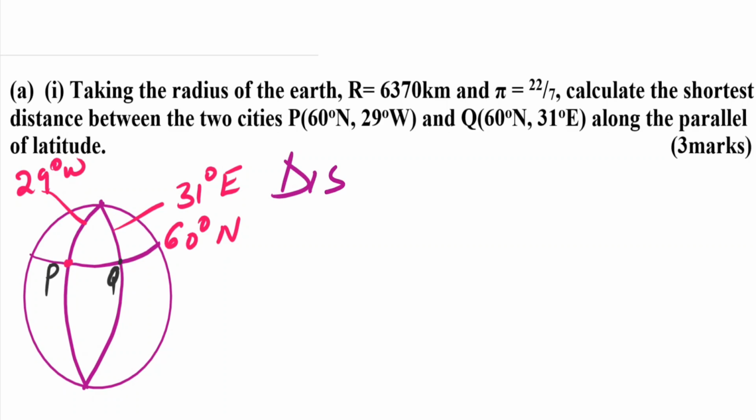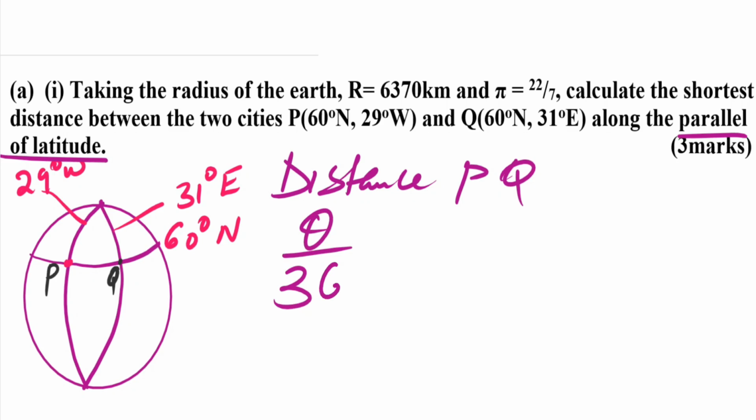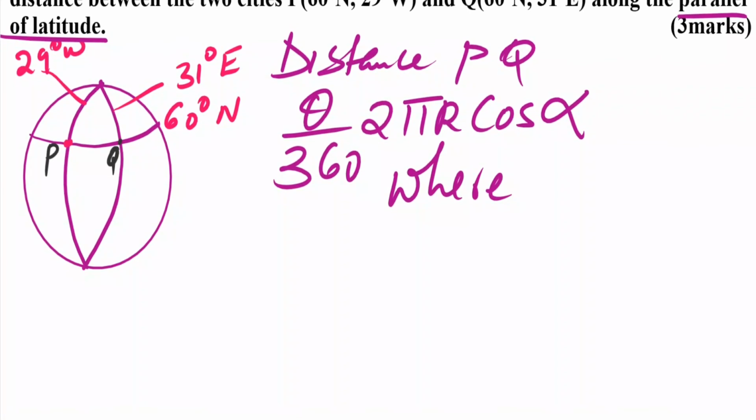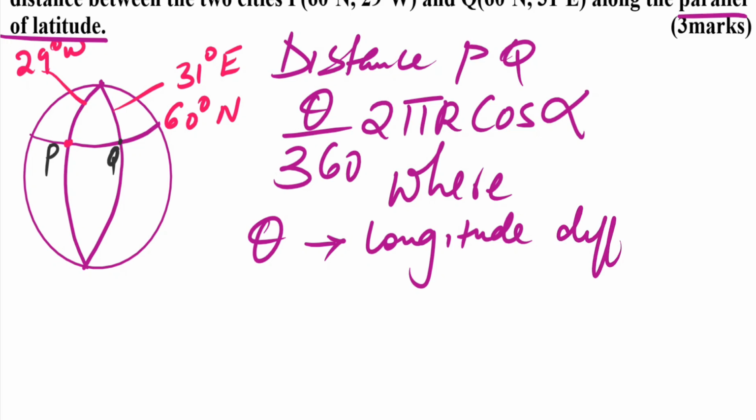The distance PQ is the distance along the parallel of latitude, or along the small circle, and that is obtained by this formula: theta over 360 times 2 pi r times cosine of alpha, where theta is the longitude difference and alpha is the latitude angle.